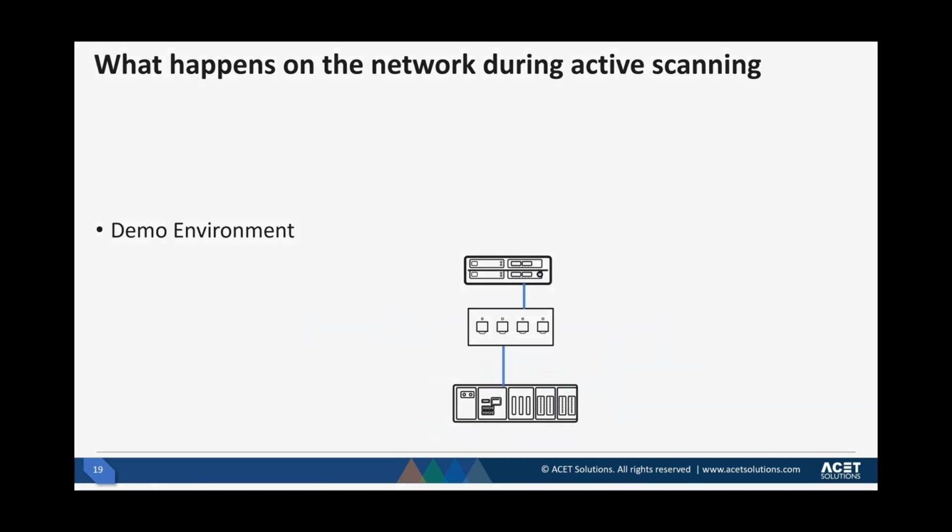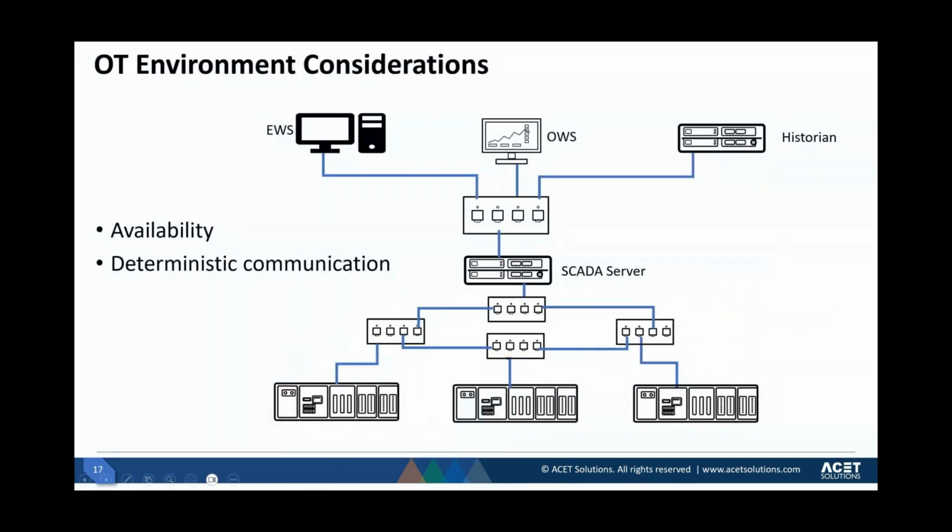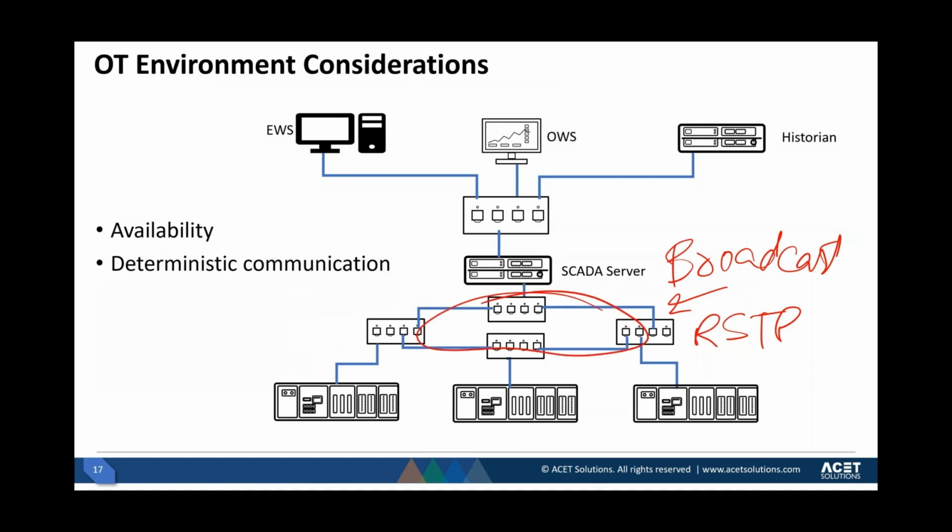Similarly, if I go back to my so-called RSTP or complex ring network, I said that if you have lots of traffic coming over here or certain traffic coming over here, typically if you send broadcast traffic to a ring and the RSTP is not properly configured, you will run into problems in terms of communication across these devices, across the network.